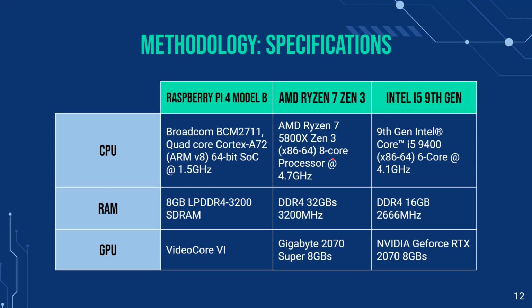The next processor in the middle, our AMD system, is an 8-core processor with 4.7 gigahertz of frequency, and this system has 32 gigabytes of RAM. And finally, our Intel system on the right side is a 6-core processor with 4.1 gigahertz of frequency, and for the RAM, it has 16 gigabytes.